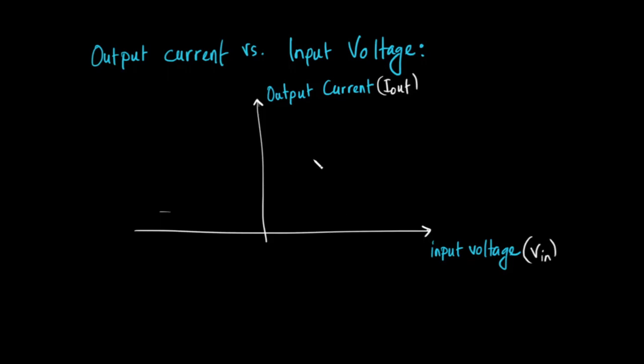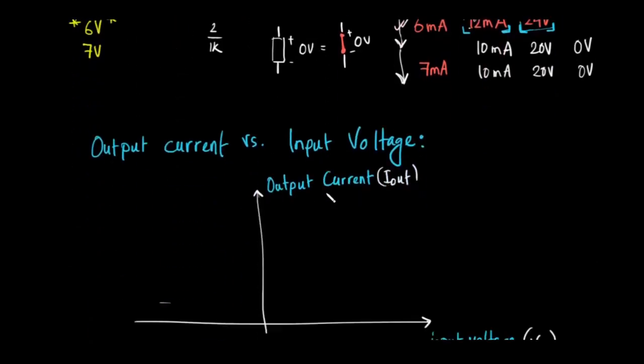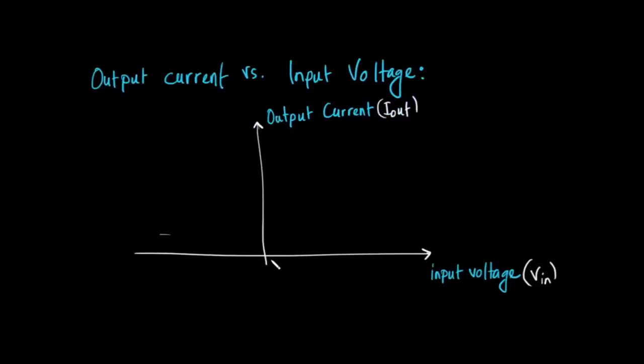Initially, as we could see, if I increase the input voltage, going from 1 volt to 2 volt to 4 volt to 5 volt, my input current increased, and as a result my output current, here IC is the output current, also increased. So as the input voltage increases, the output current increases. I can draw this like this.